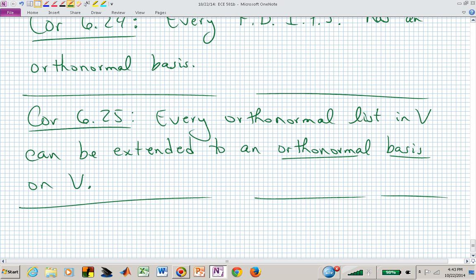So now we want to get to 10 orthonormal vectors that would form a basis, and we only have 6.